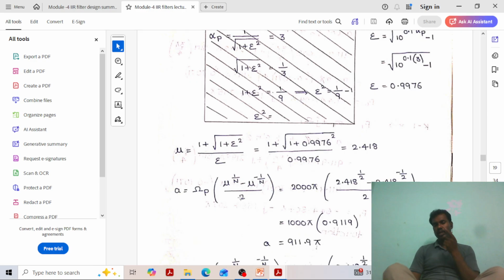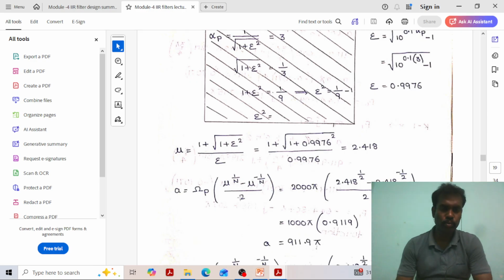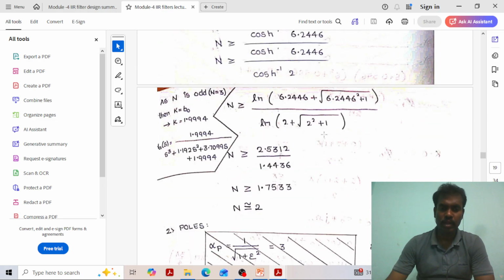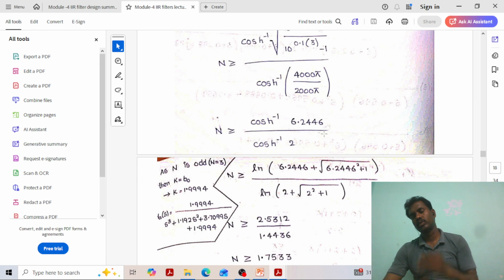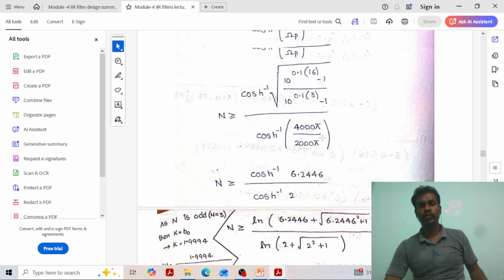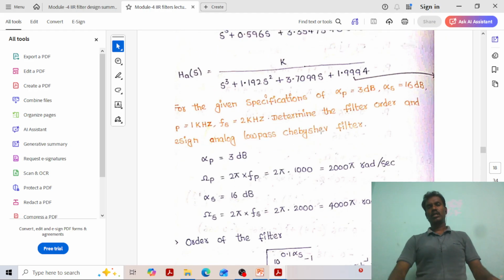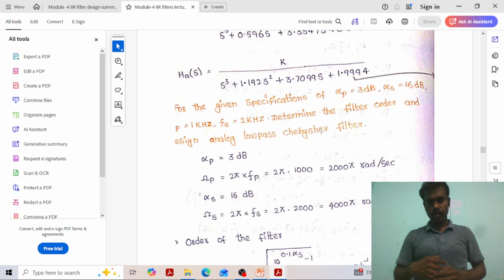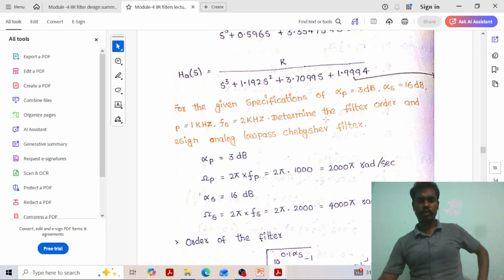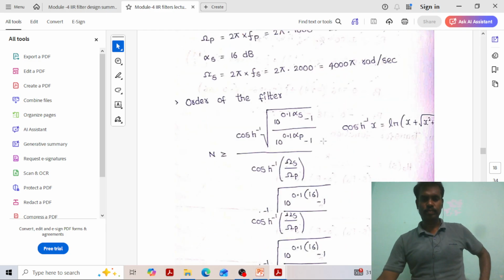So what is mu again? Mu is equal to (1 plus square root of 1 plus epsilon square) by epsilon, and we'll substitute the values. Before that, we want to know the specifications first, and we should be able to calculate the n value and then the transfer function.